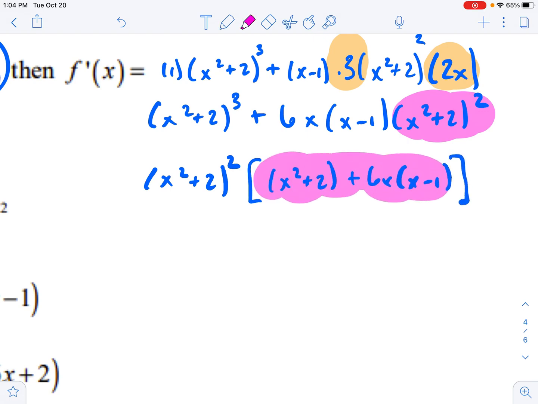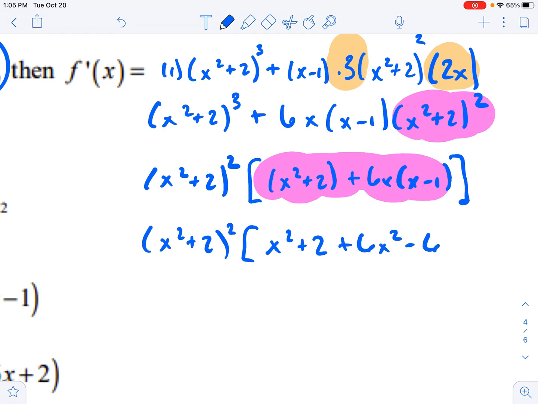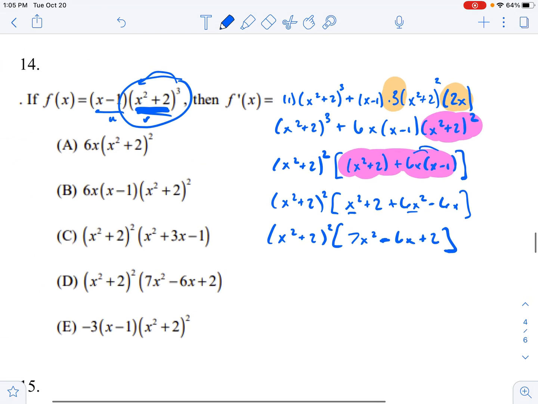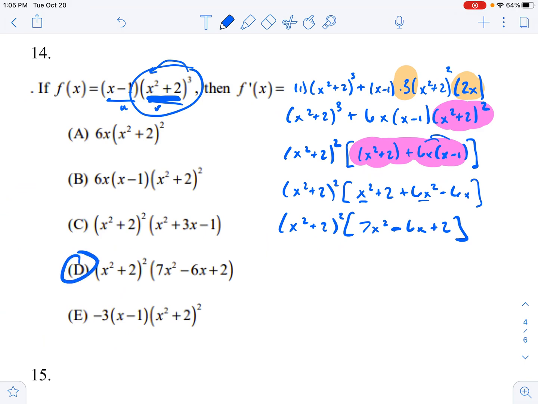And now I'm just going to go ahead and clean this up a little bit, see what we get. Okay, I just distributed there, and I'll combine like terms. And let's see if that's out there. Sure enough, it is. Choice D.